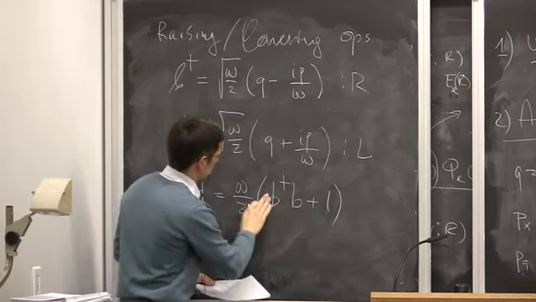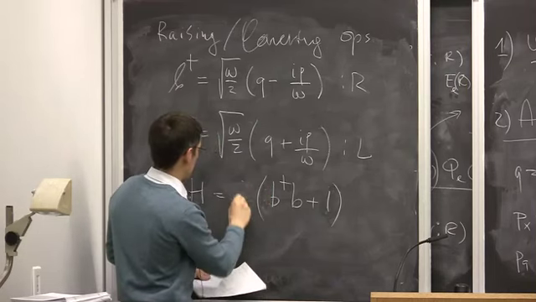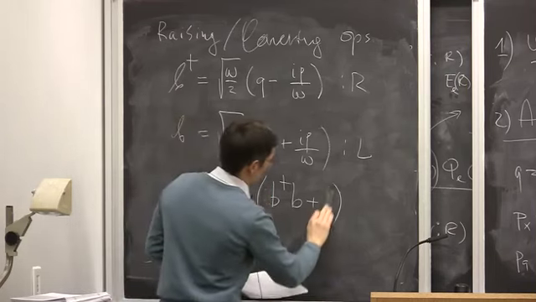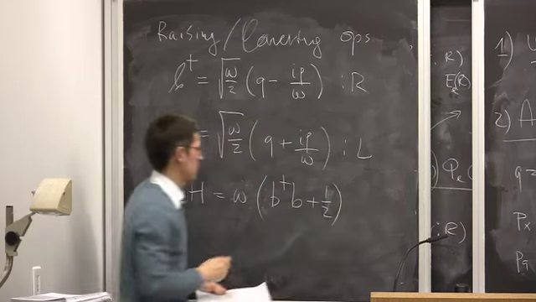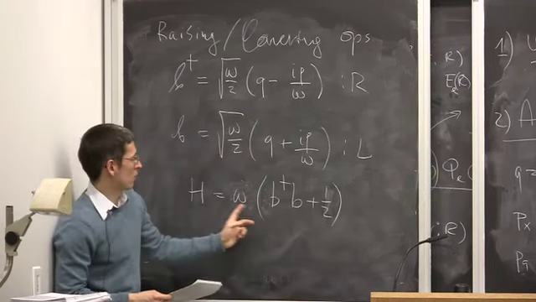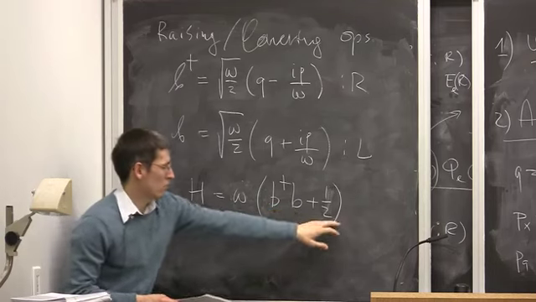Sorry, let me, probably the simplest way of writing this will be like this: omega multiplied by B dagger B plus 1/2.